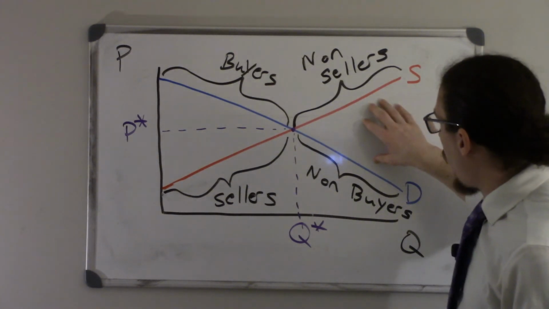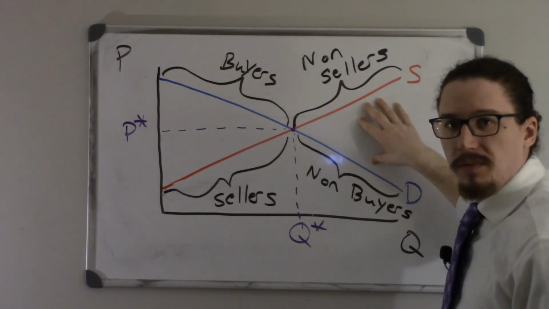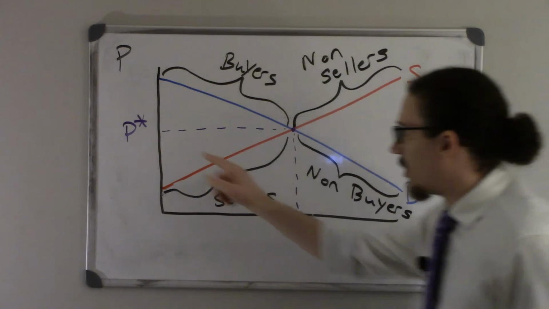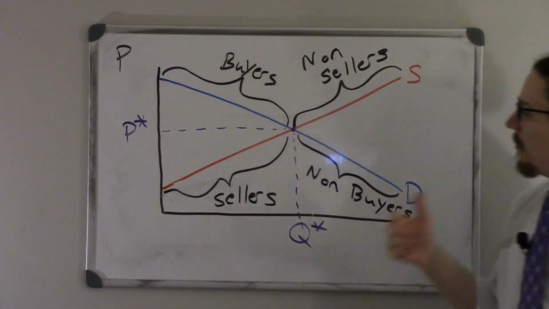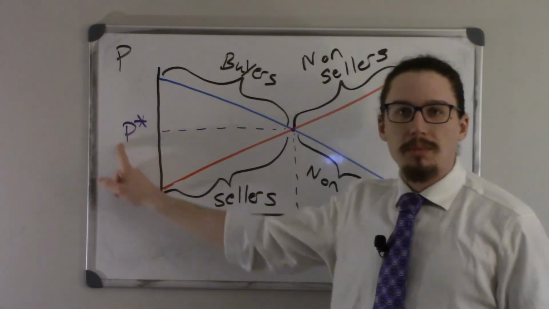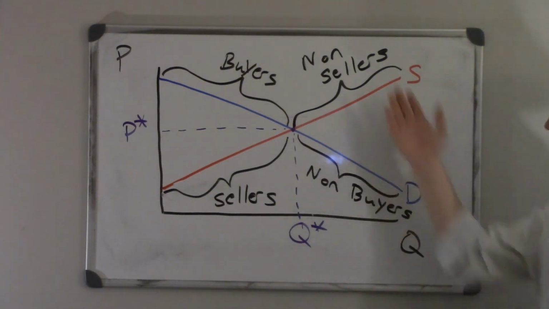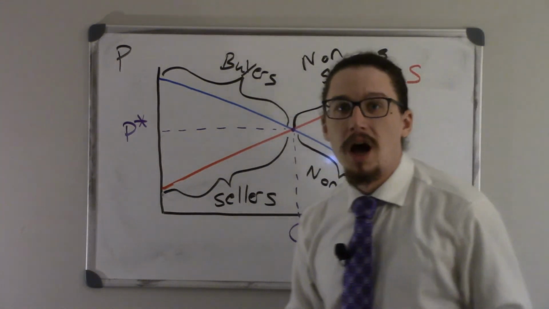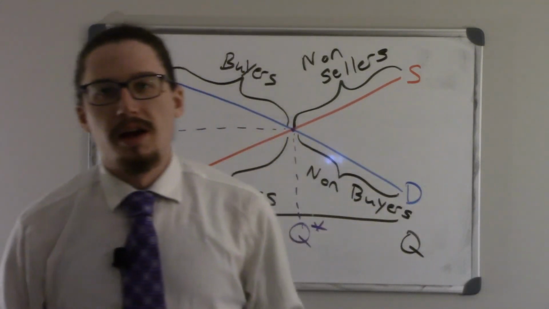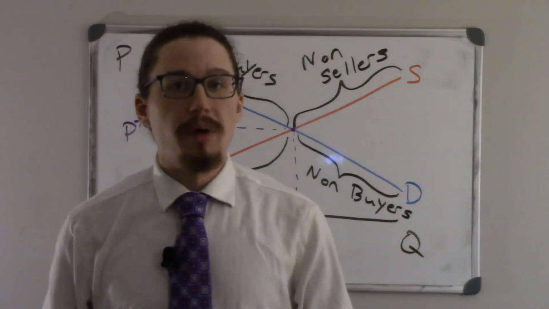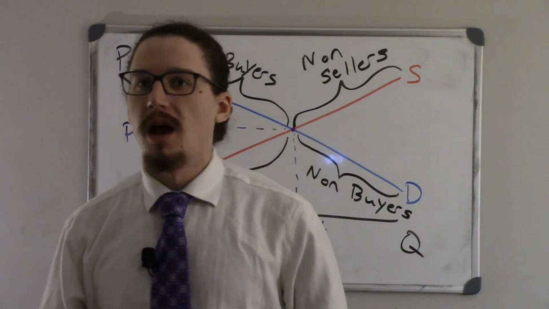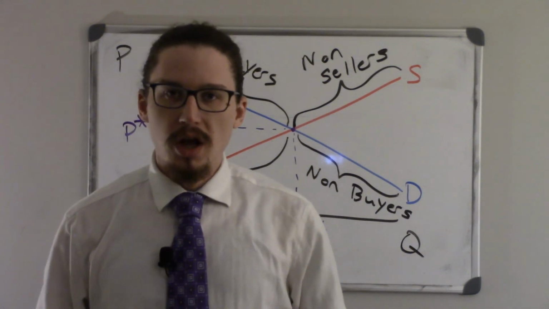Where our curves intersect, that's where we're going to get our equilibrium. Equilibrium price is P star. Equilibrium quantity is Q star. And then of course we've got that competition between buyers. Competition amongst buyers is maybe a better way to say that, and competition amongst sellers.